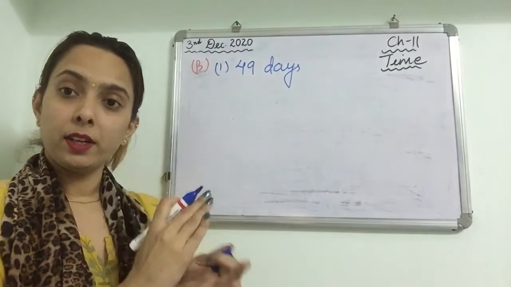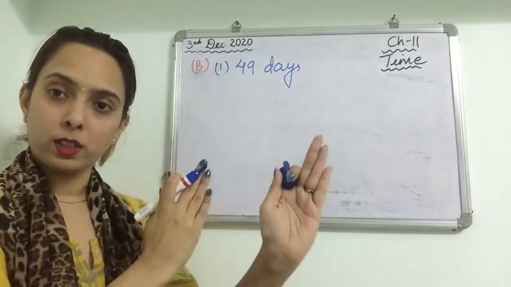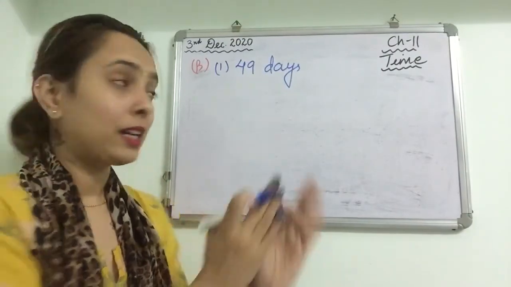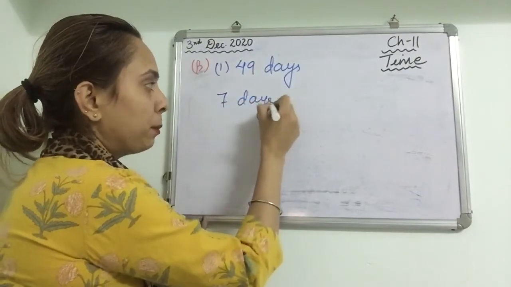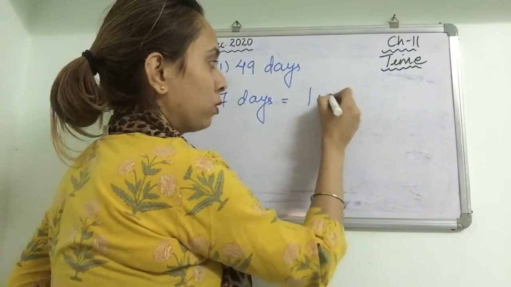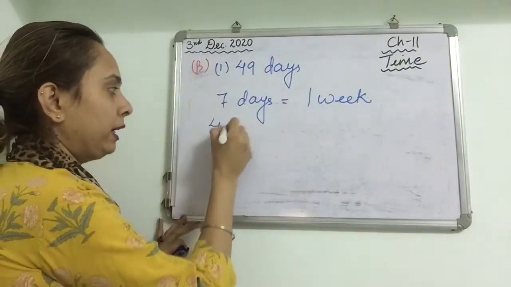Days, it is given in days. So our conversion will be the opposite. Here we were using 1 week is equals to 7 days, but now here we will use 7 days because days are given to us. 7 days is equals to 1 week.